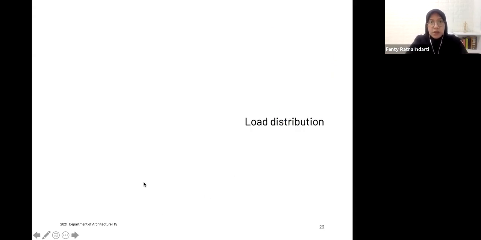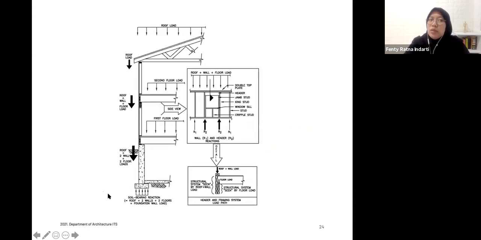Next, we are talking about load distribution. I think I will repeat this image again, because as you can see, it doesn't distribute any loads from elements above, because this is the highest part of your building system or structural system. But it has the main function of distributing the load from wind, from rain, as well as snow.